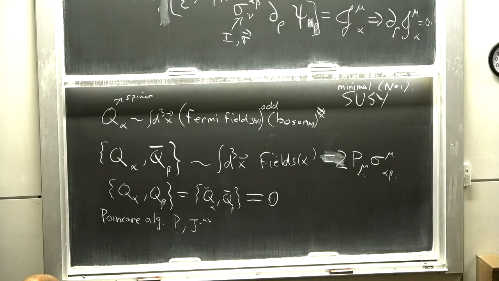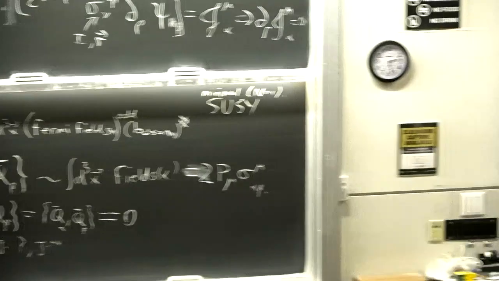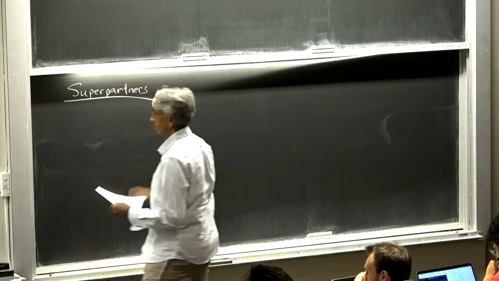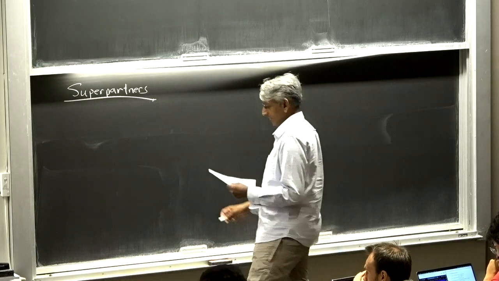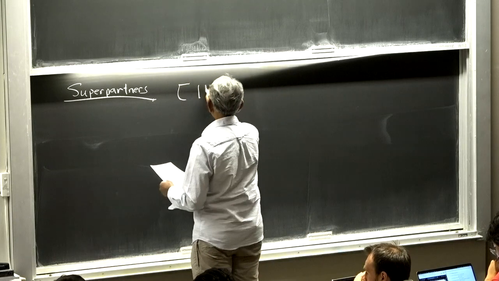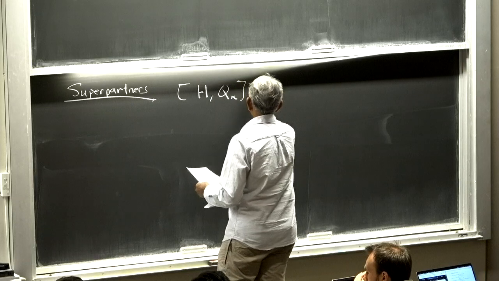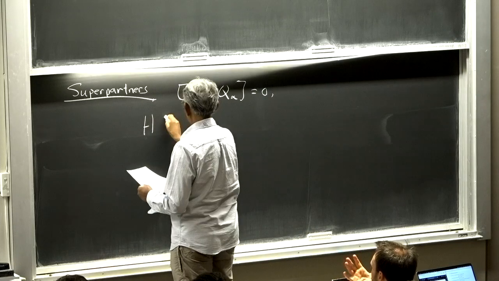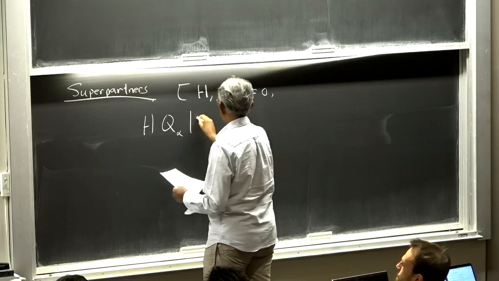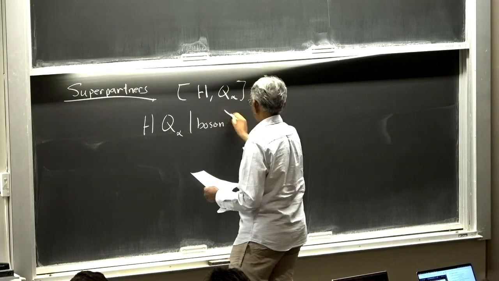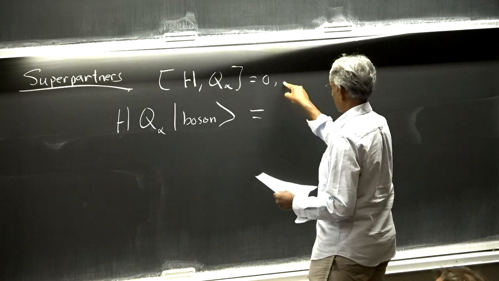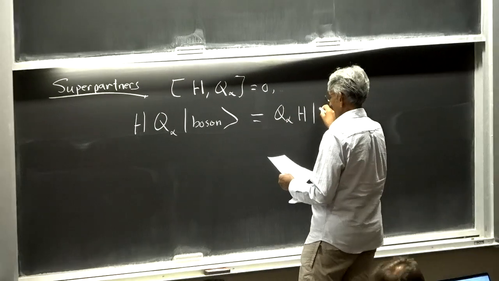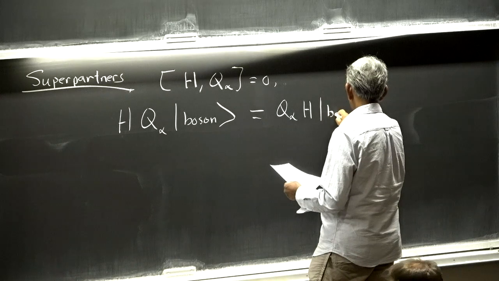So the first thing is that it implies that there is such a thing as superpartners, that particles have to partner up under the symmetry. The easiest way to see it is, well, as I said, the Hamiltonian commutes with these guys. So that means that if I take the Hamiltonian times Q alpha acting on, say, some bosonic particle, okay, then this is the same as Q alpha times the Hamiltonian acting on the same bosonic particle.